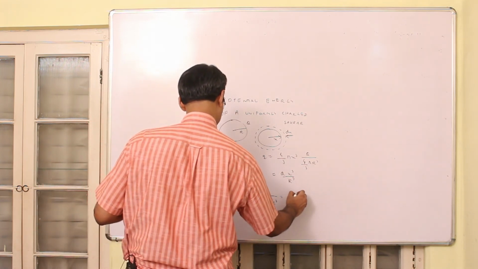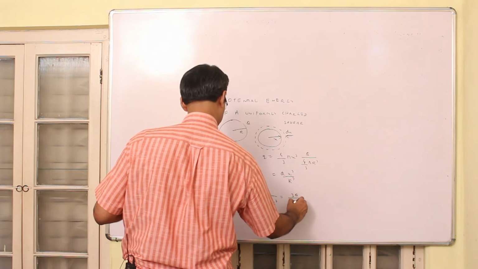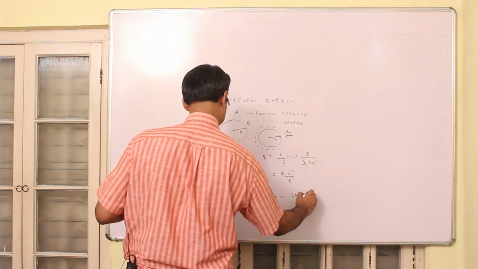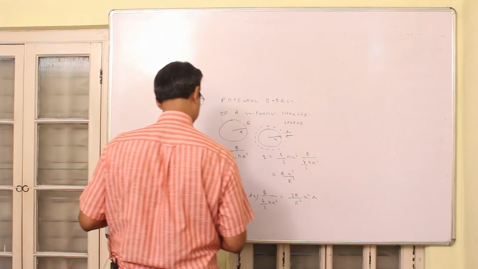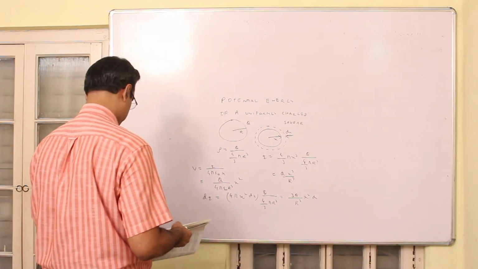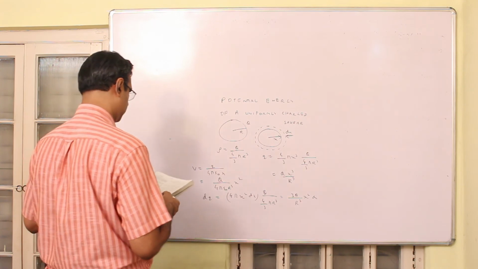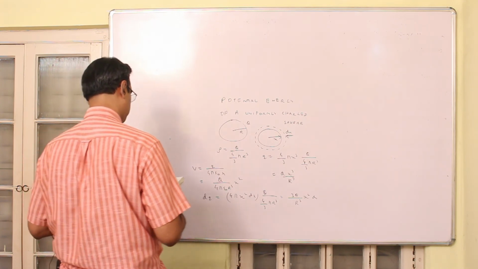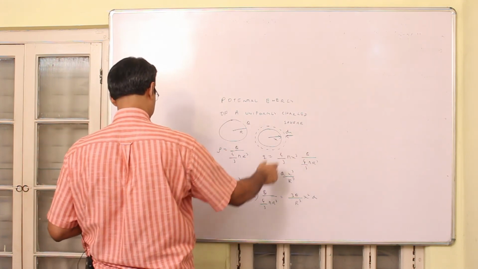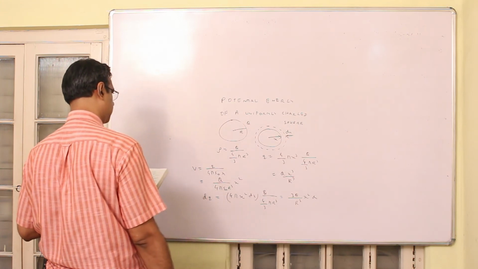So after simplification, it comes to 3q by r cube into x square dx. So this will be the total charge that has to be added for increasing the radius by dx.